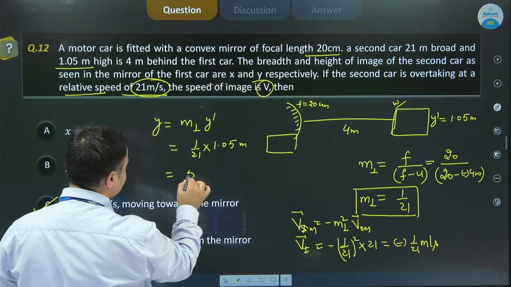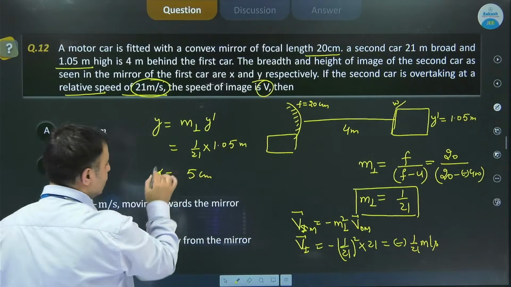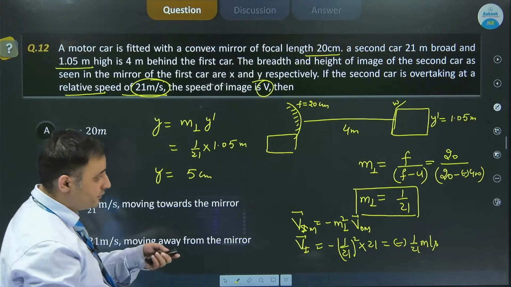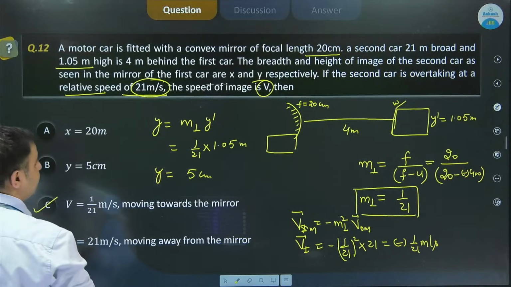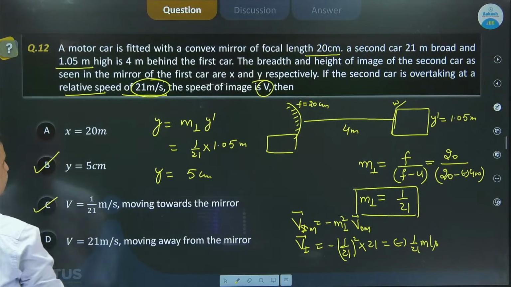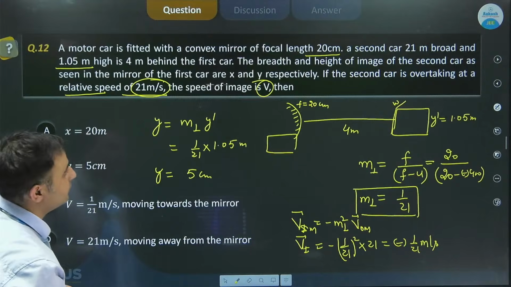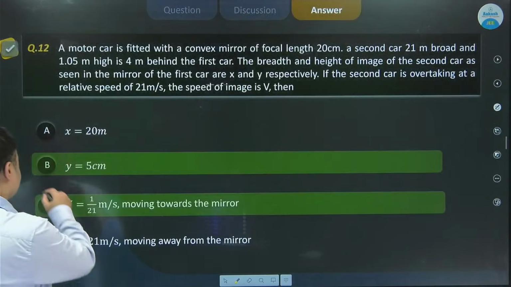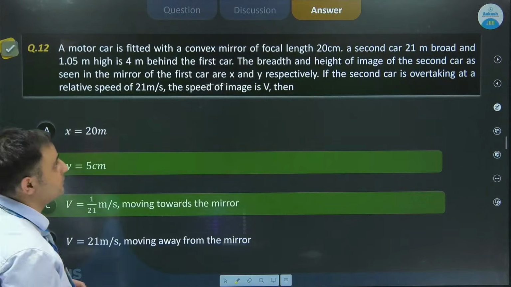On solving, it comes out to be 5 centimeter. So the height of the image y is 5 centimeter and the speed of the image is 1 by 21. So B and C should be the correct answers. Let's check the answer. Yes, B and C are the correct answers.